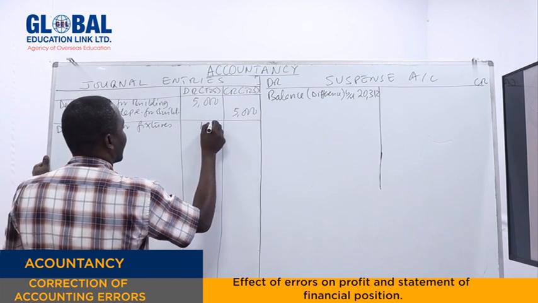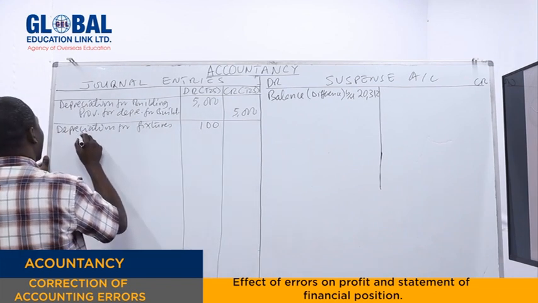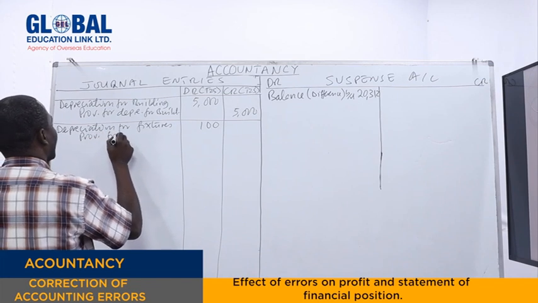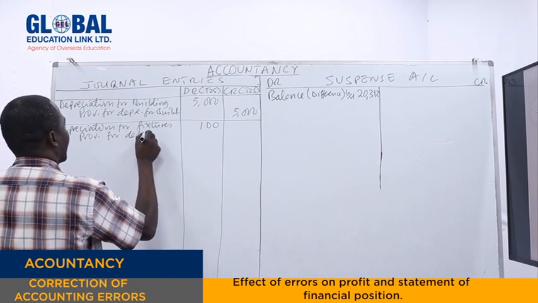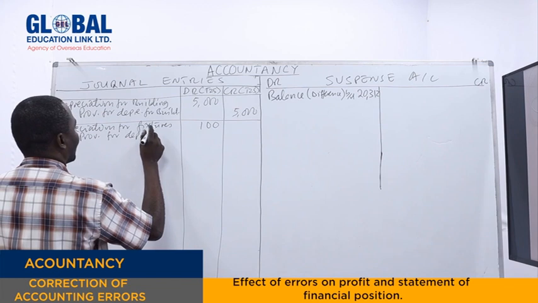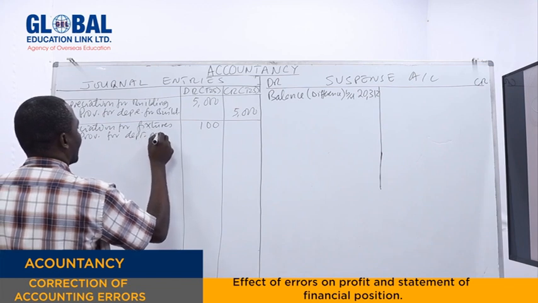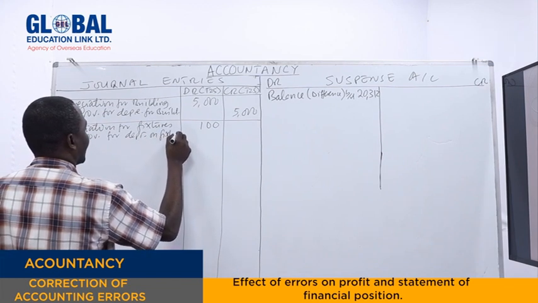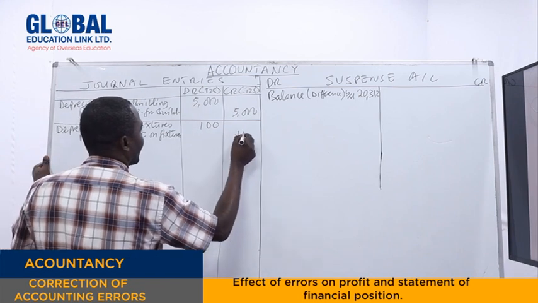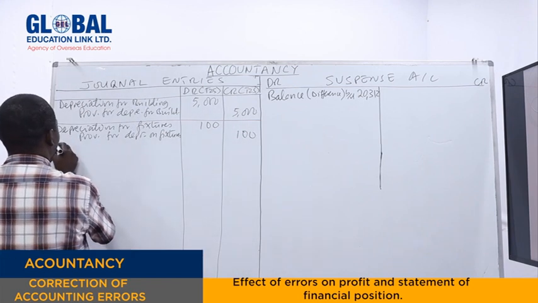That will be 100. And we credit provision for depreciation on fixtures, 100. So you put your narration.